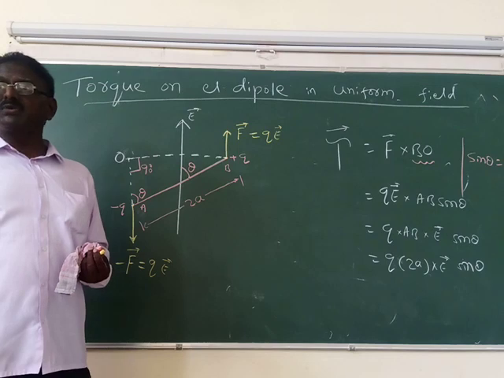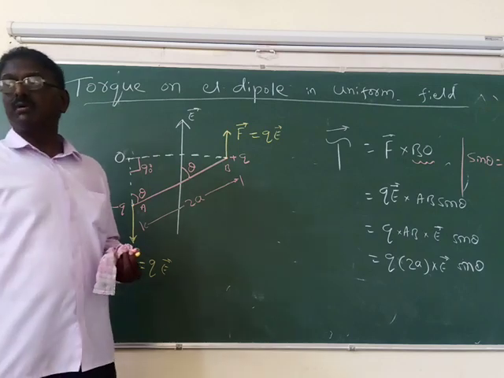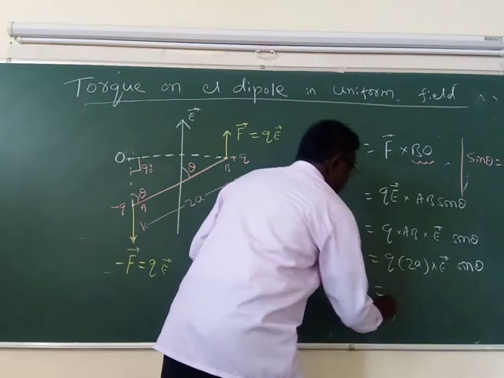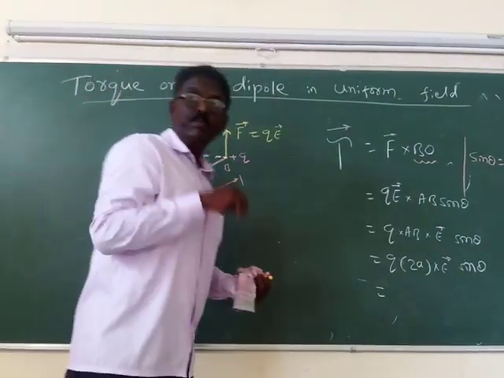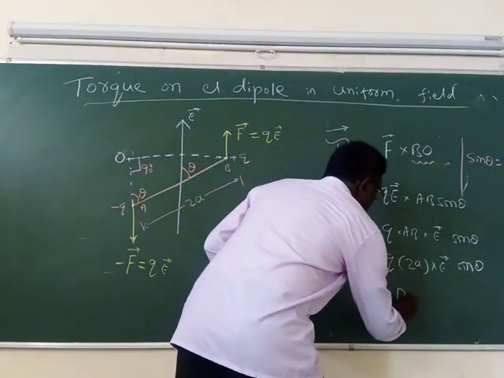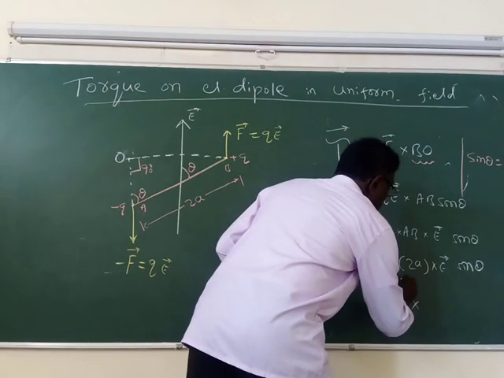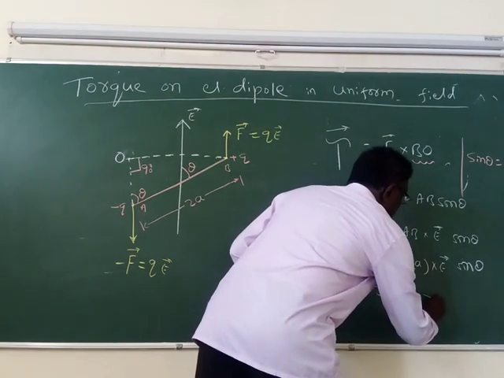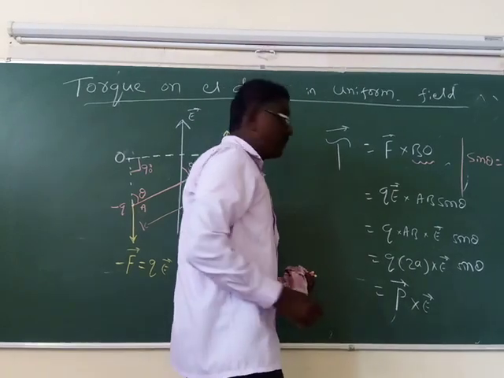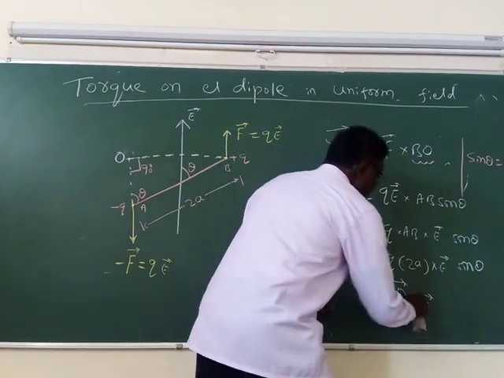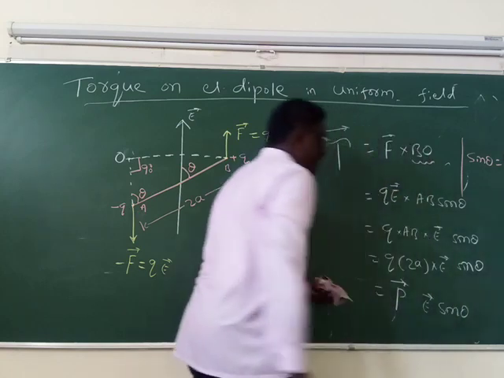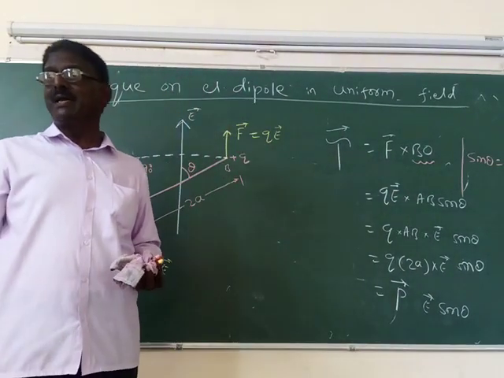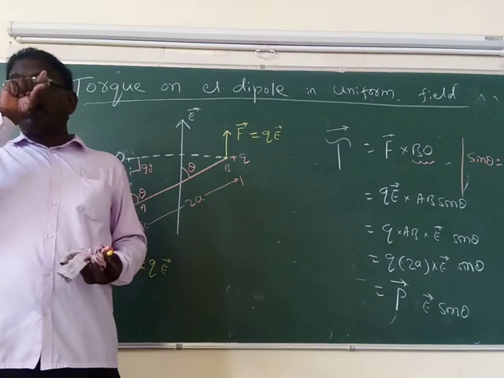Product of either charge and dipole length. That is electric dipole moment P. So torque is P cross E, or simply P sin theta.